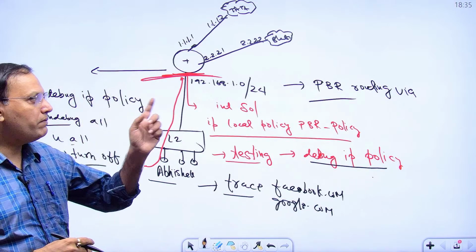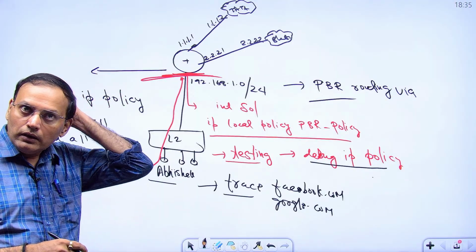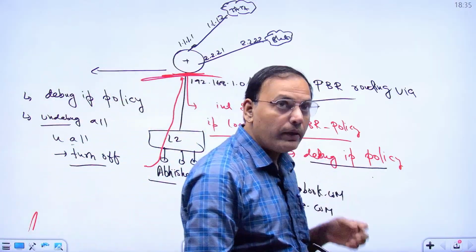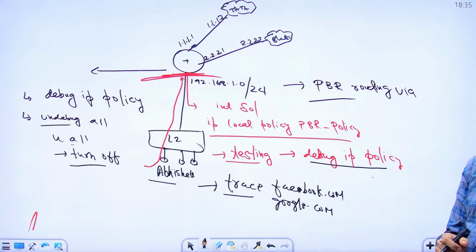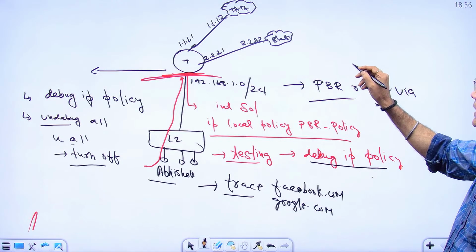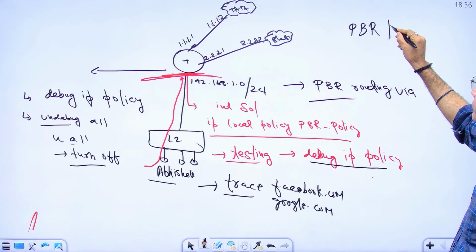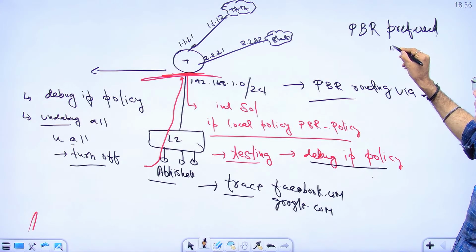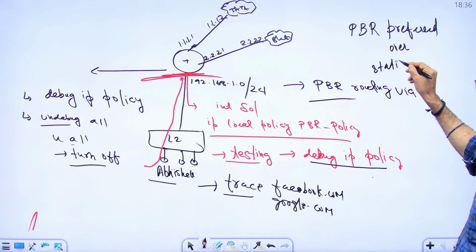The message will come: routing via PBR. It means on the router we have a static route, and the static route is saying the best path is towards Tata, but still your traffic is routing towards Bharti, because PBR is always preferred over static route or any routing.